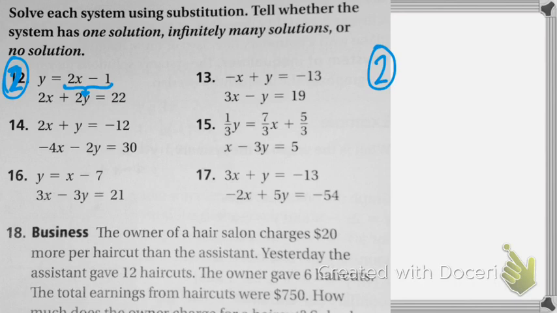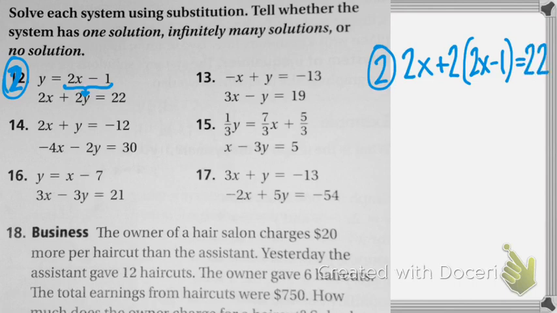So I'm going to show my work all the way over here. When I plug that stuff in for this y, I'm going to rewrite this whole bottom equation. I'm just going to replace y with the stuff that it's equal to in the top equation. So it's going to be 2x plus 2, and instead of y, we're going to put 2x minus 1 equals 22.